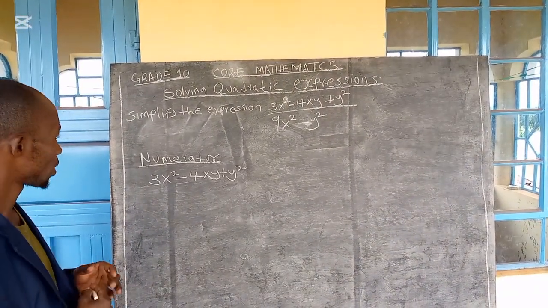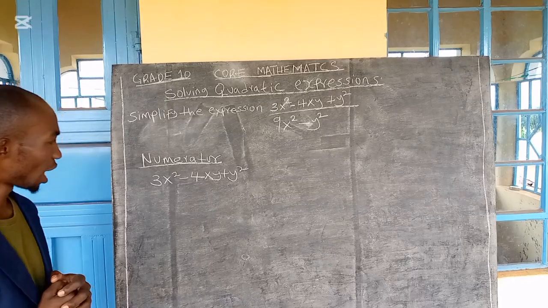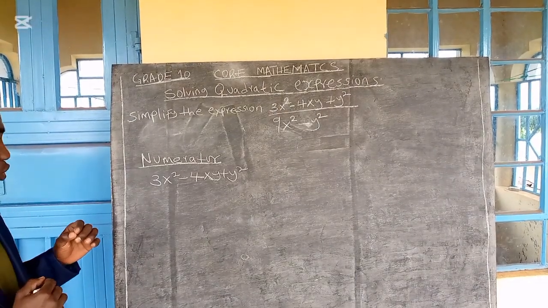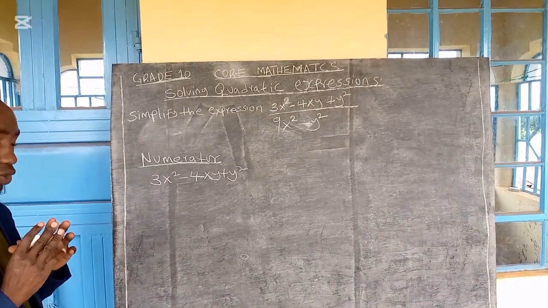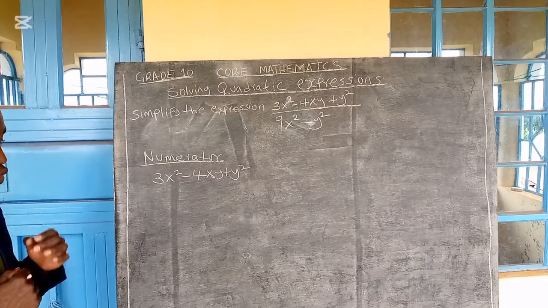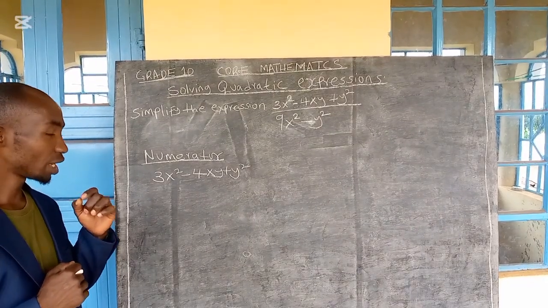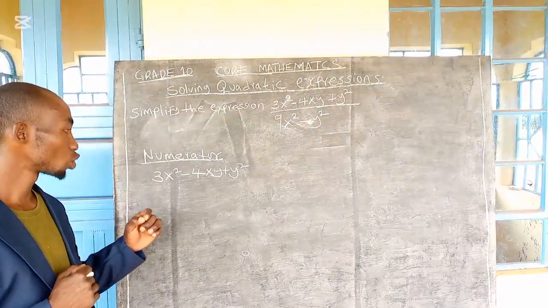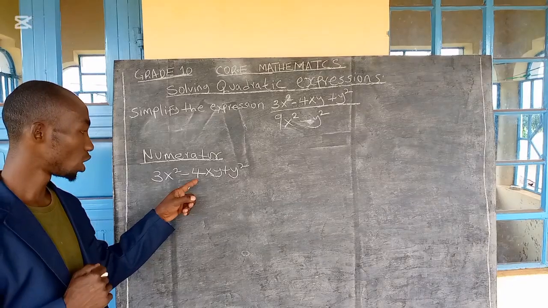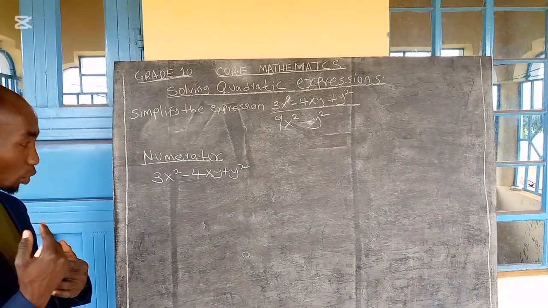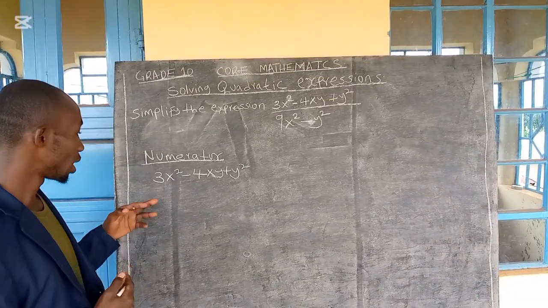Now, for this one, we are going to look at two numbers, two factors, of which their sum is going to be negative 4 and their product is going to be 3.